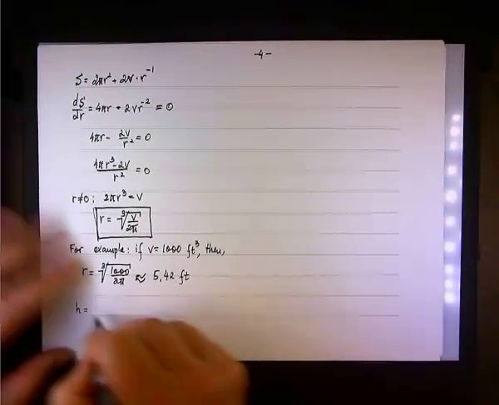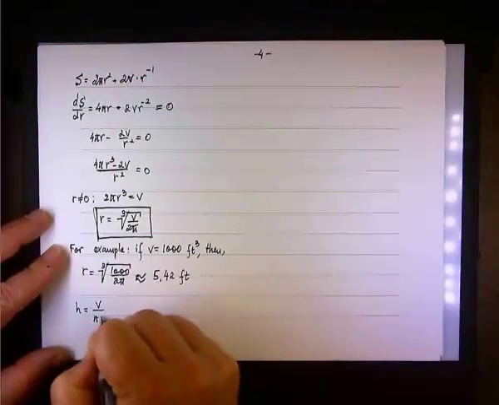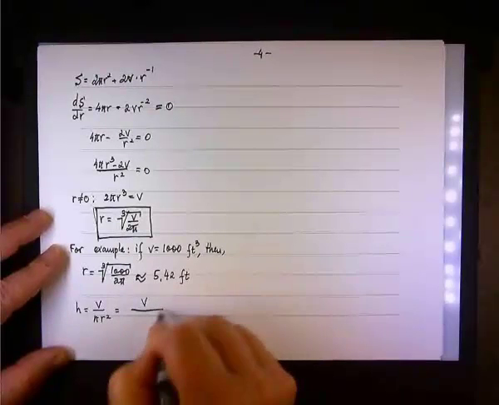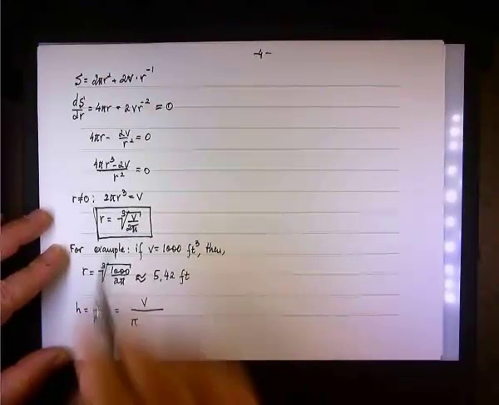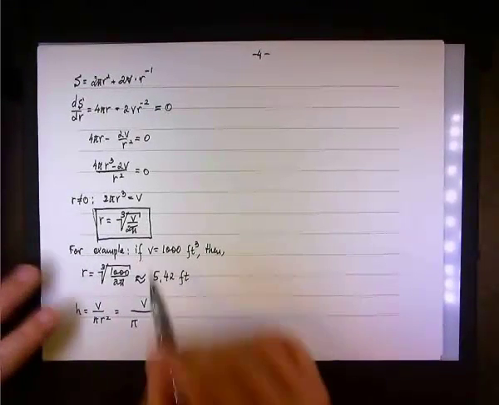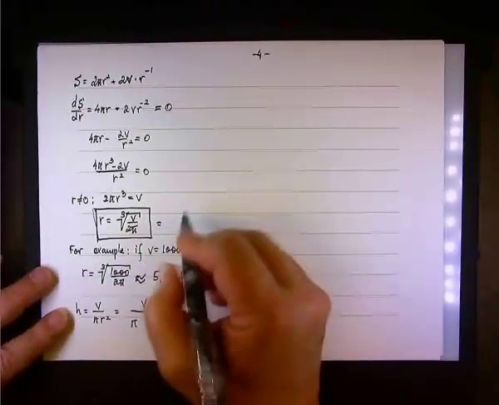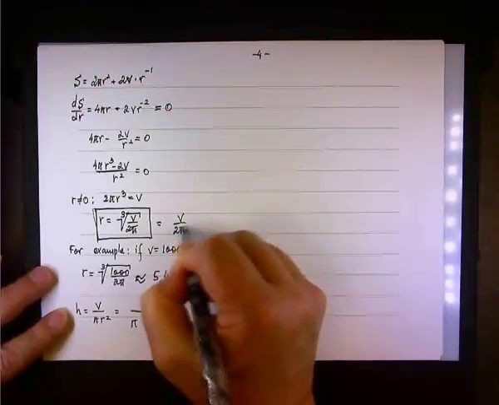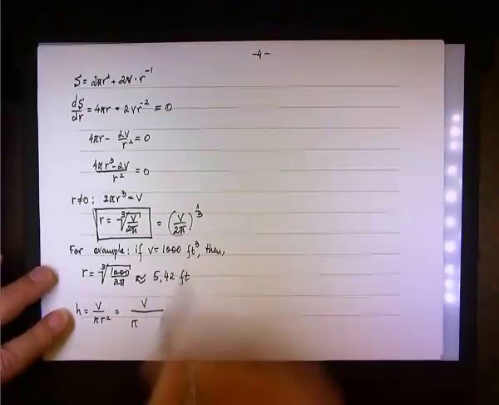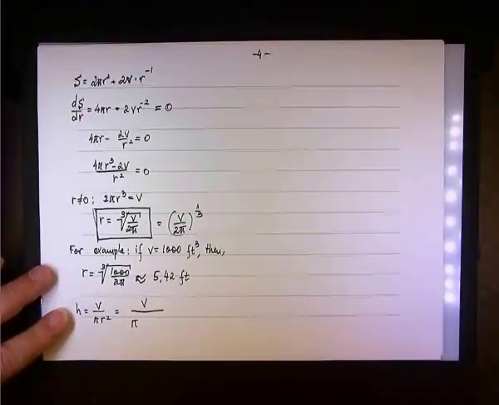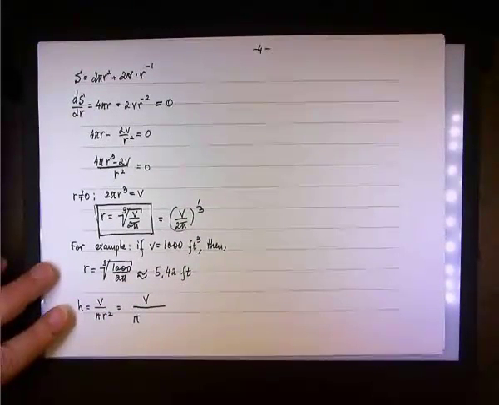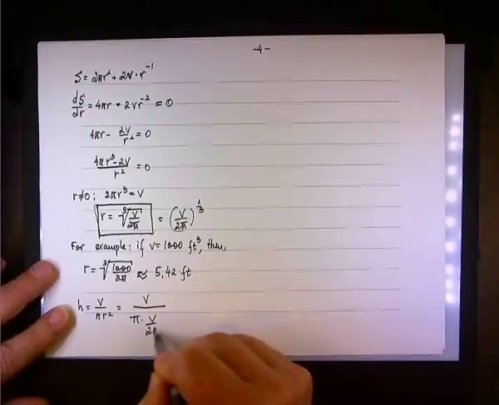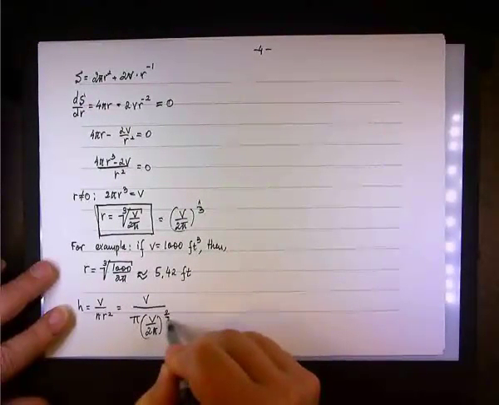Here we're going to have a little challenge. Pi, and now I need to square this thing. This is the same as saying V divided by 2 pi to the power of 1/3. So if I square it, I have V divided by 2 pi to the power of 2/3.